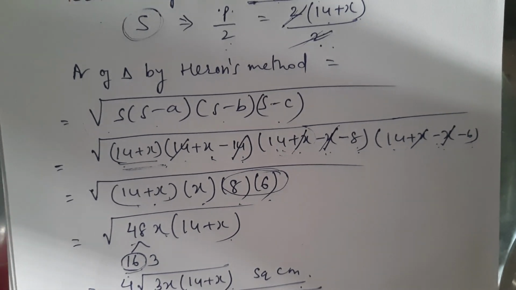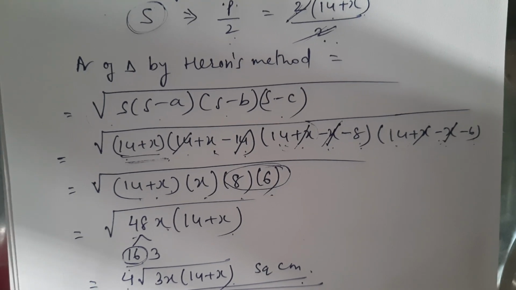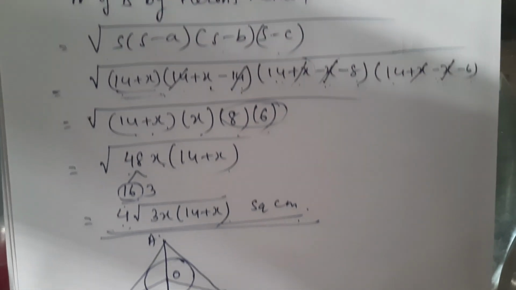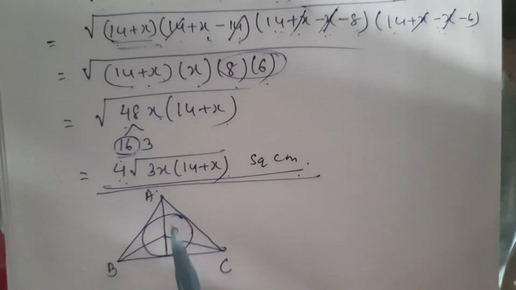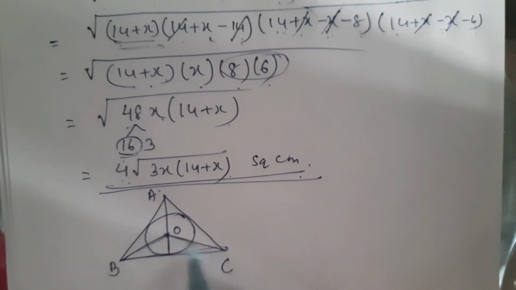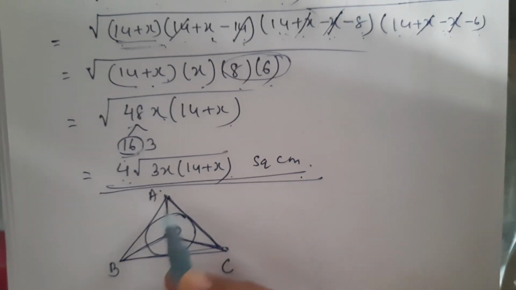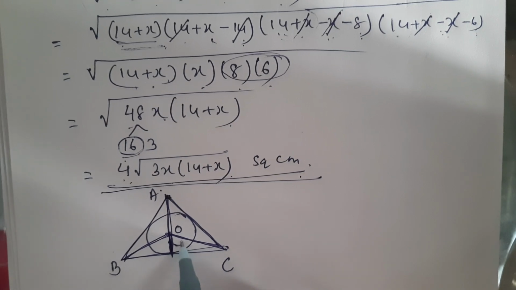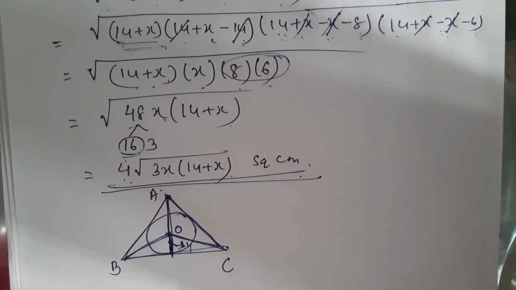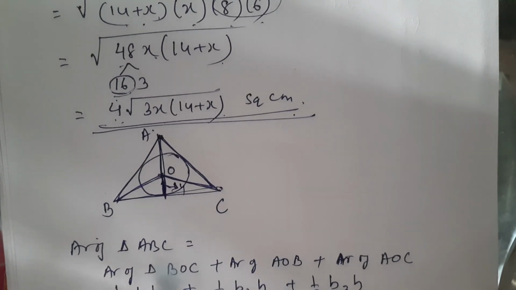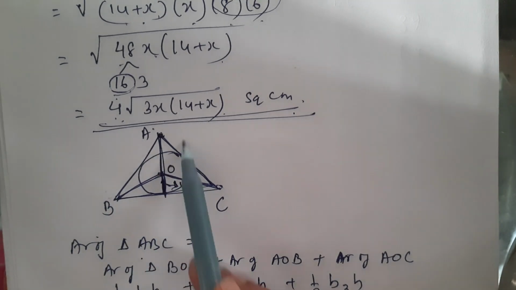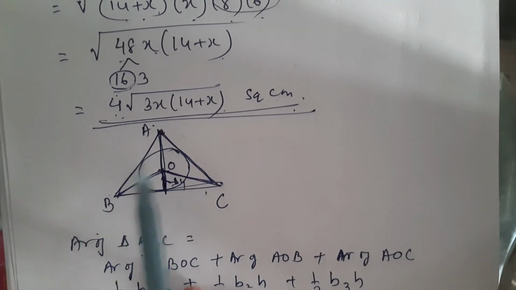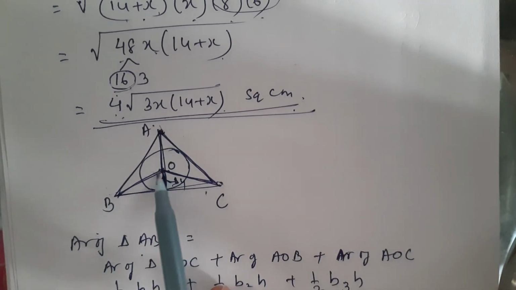Now the same area we will find by using the area formula, the simple area of a triangle. So again I drew the diagram. Here if you see, the whole triangle is getting divided into 3 different triangles where the height is common, that is the radius. We can consider triangle ABC as the complete triangle made of BOC, then AOB plus AOC.